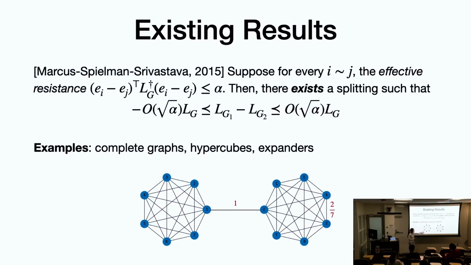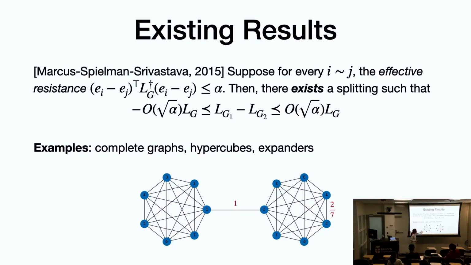And this is a graph such that the effective resistances differ a lot. I have two cliques, and I connect these two cliques by a single edge. The effective resistance between these two vertices is 1. Well, the effective resistance between any two vertices here or any two vertices here is actually small.